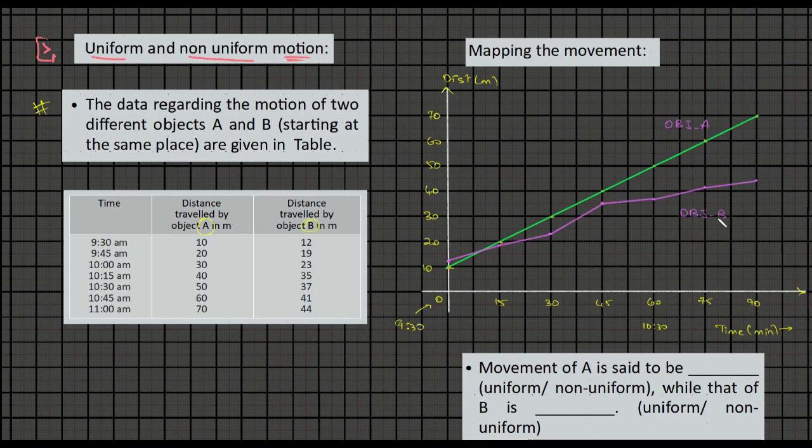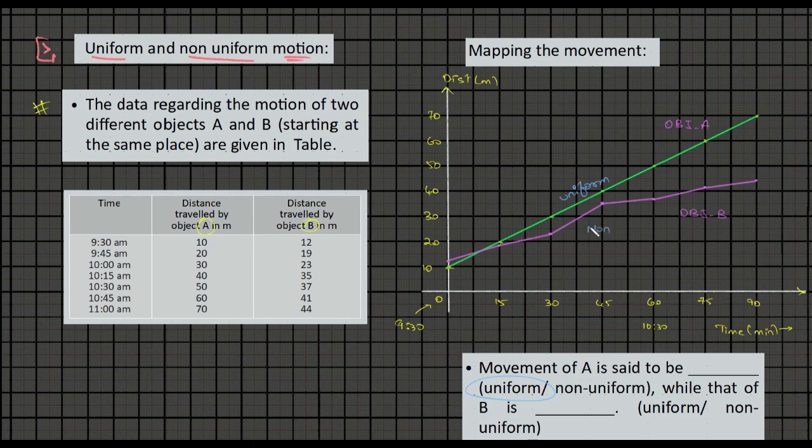Now, what can you tell about object A? The movement of object A is said to be, of course, it will be a guess because we have not yet defined or understood what is uniform motion or non-uniform motion. If you go with your guess, object A would be, yes, uniform motion. So the word uniform, you guys know, school uniform. What does that mean? Things are same. So what is same over here? Why do we feel that this is uniform and this is not?